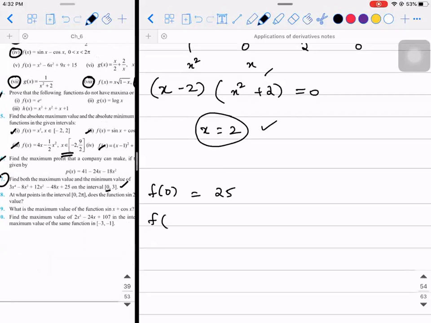F of 3 is how much? A little bit of calculation, do it. Find the exact value and tell me.